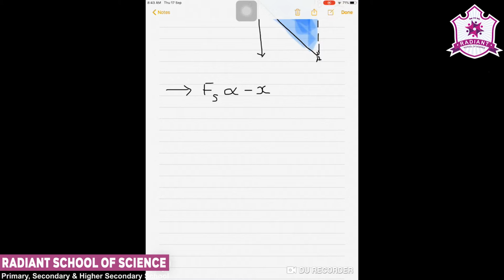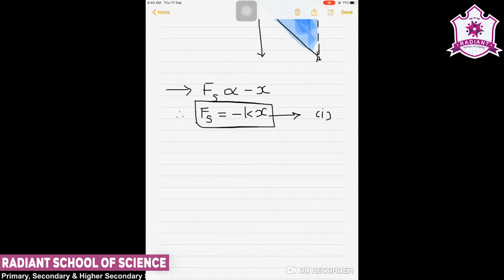When we remove this proportionality sign, we can have that constant k, which is called the spring constant, and we have the equation Fs equals minus kx.